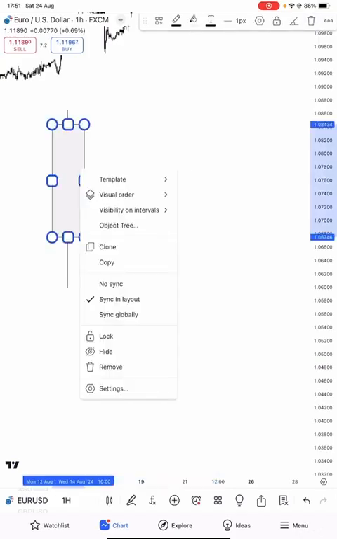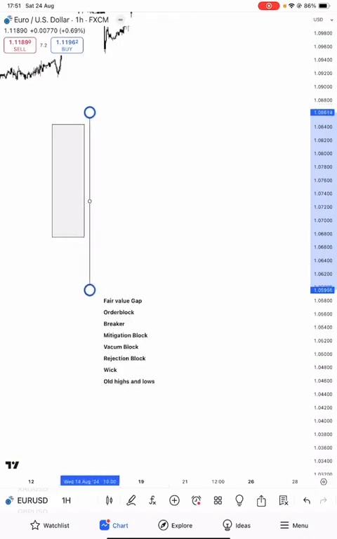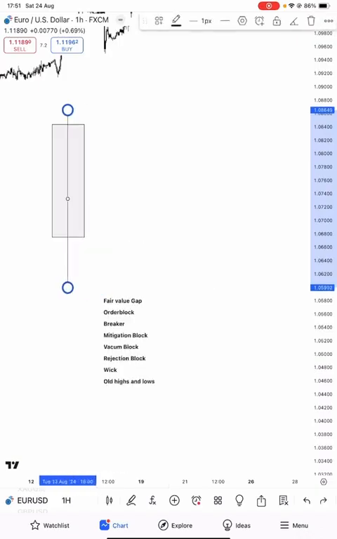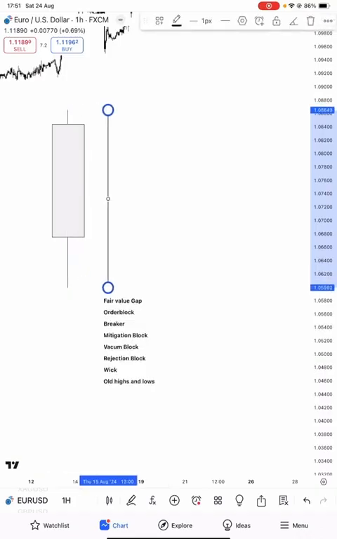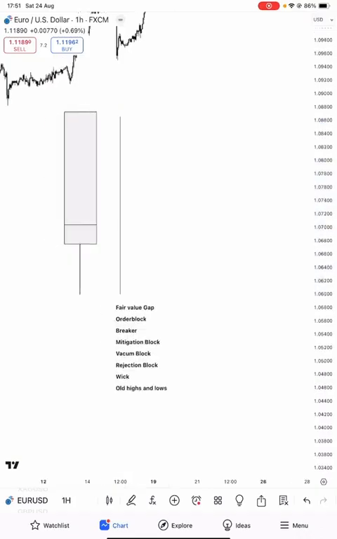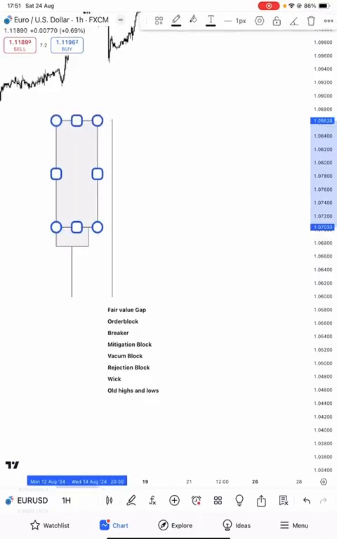If, let's take this as an example. Okay, clone.